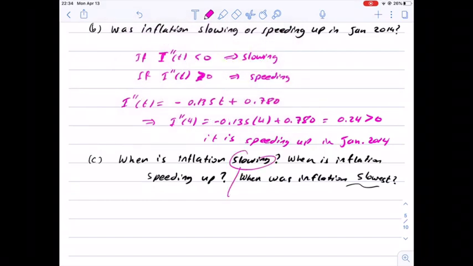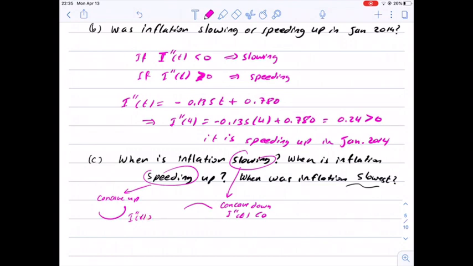Okay, so to answer this question, slowing means concave down. That means the second derivative is less than 0. The graph looks like this. And speeding up means concave up.